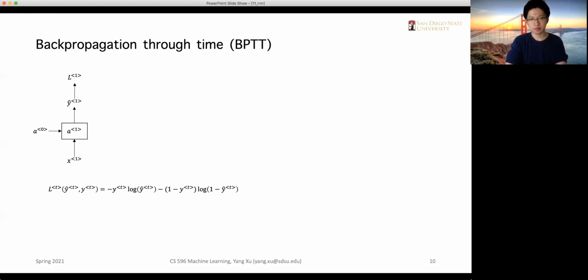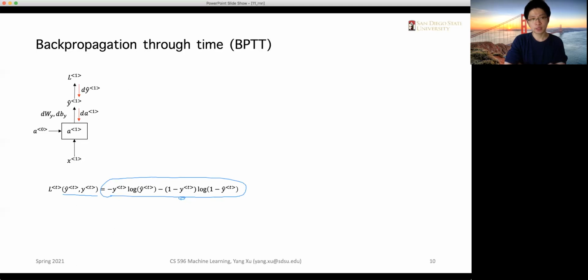For a logistic regression task, the computation would be the typical logistic regression loss, a special form of the cross entropy loss. Then we will have the gradients for y hat 1 computed, and these gradients will be back propagated through the network. From y hat 1, we can compute the gradients for A1.